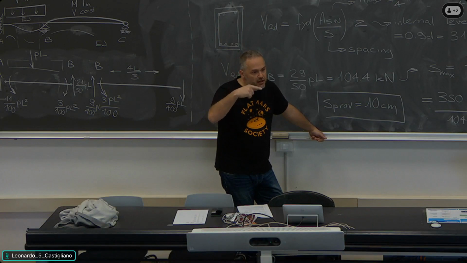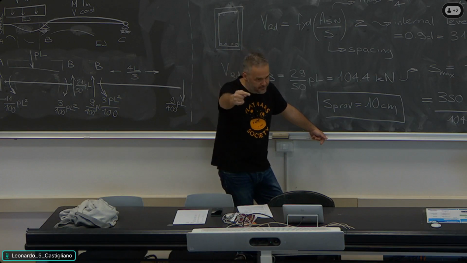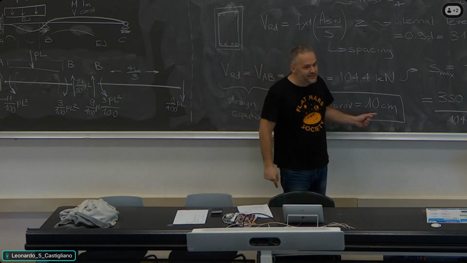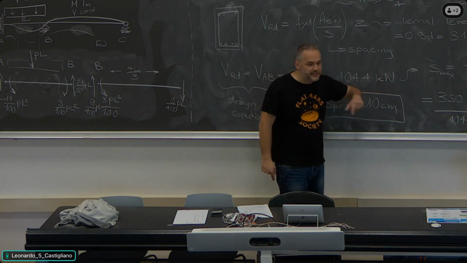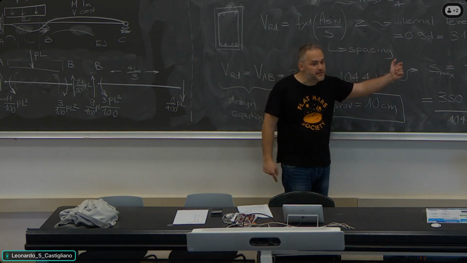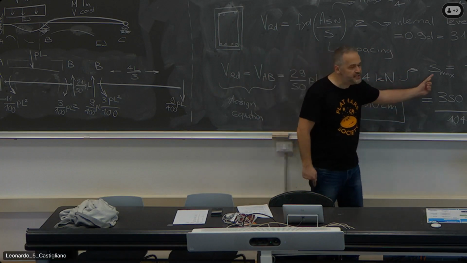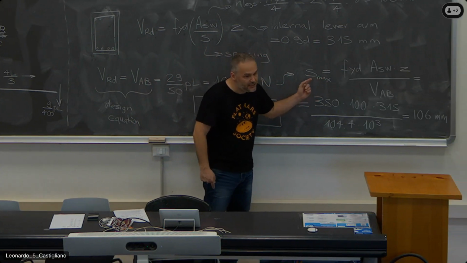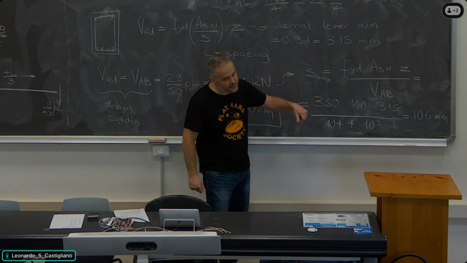Previously, with the longitudinal reinforcement, the higher is the area, the higher is the resisting bending moment, so I round it up. Here, the lower is the spacing, the higher is the shear force resisted by the beam, so I round it down. So this is a maximum spacing, not a minimum spacing. Okay?